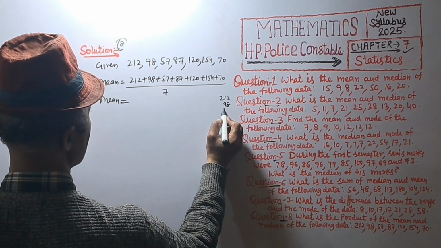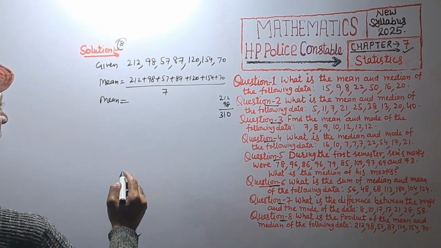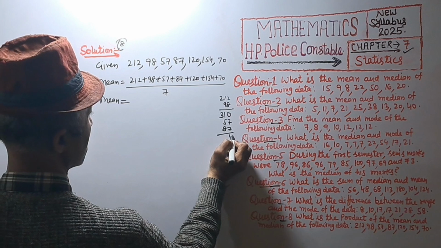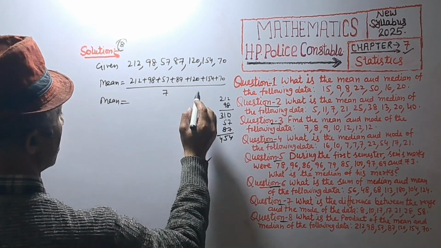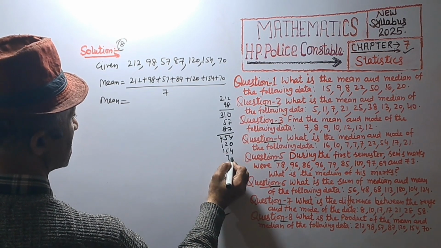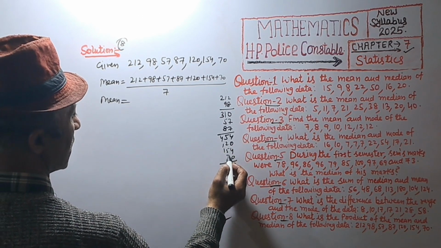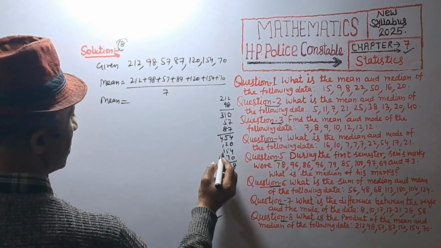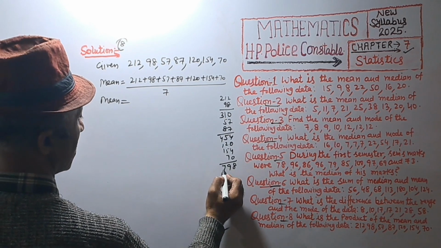212 plus 98, that is 310, plus 57 plus 87, that is 454. Then 120, 154 and 70. 8, 7 plus 5, 12 plus 2, 14 plus 5, 19, 1 carry 2, 3 and 7.